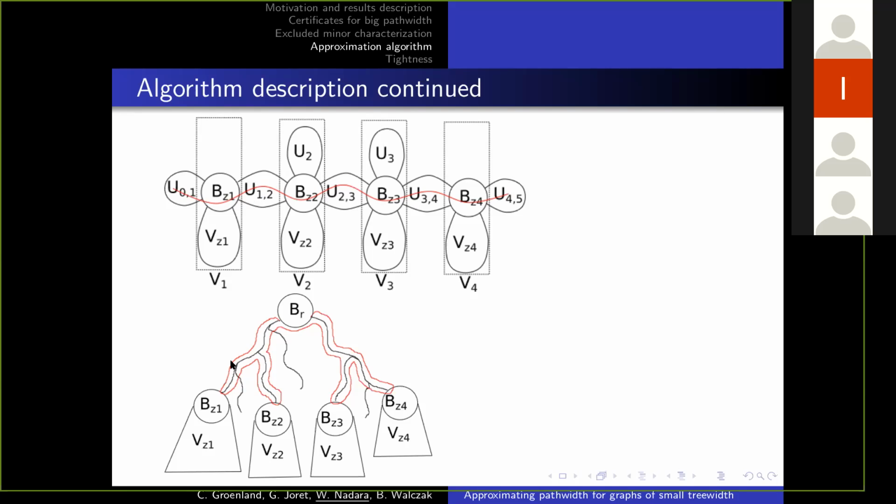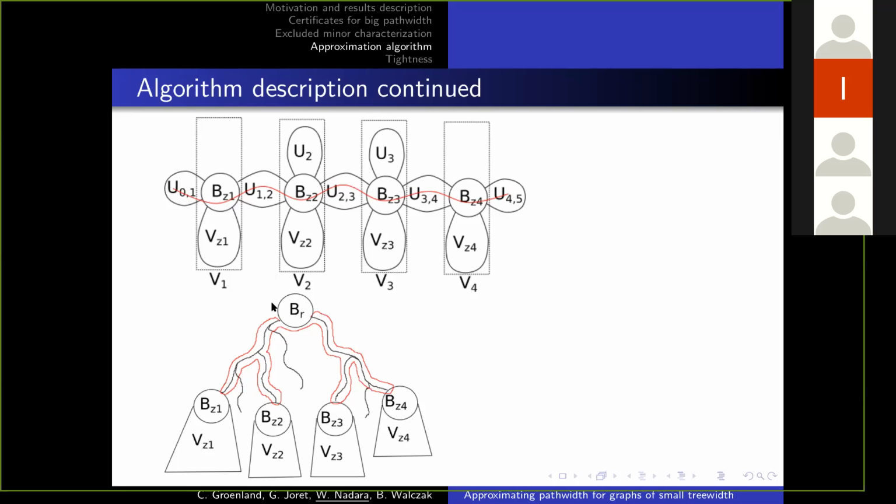For example, when looking at bags on the path between BZ1 and BZ2, that part of this red path on this picture above, it goes through U12. It means that when traversing that path, we intersect these bags with set U12. We don't care about vertices other than U12 when creating that sequence.